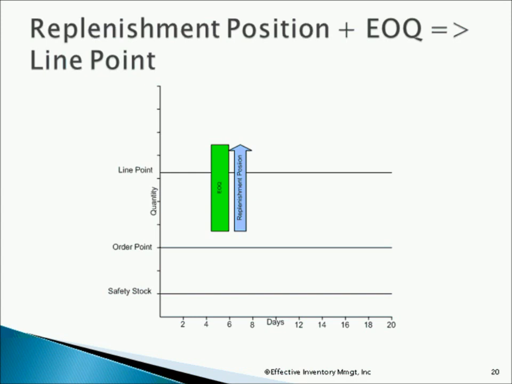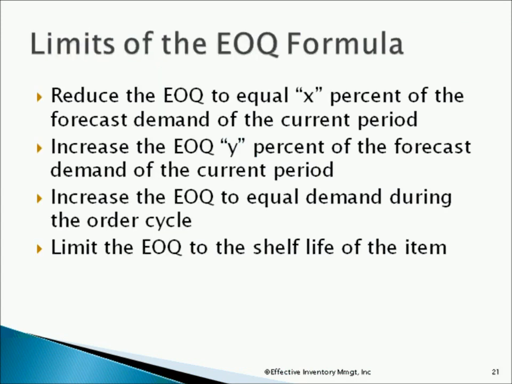Now, sometimes that's not going to be a realistic business decision. What would happen if you had a very slow-moving, low-cost item? Maybe an item that costs 6 cents and you only sold 3 or 4 per month. That's 12 cents, 20 cents moving through inventory. Very little money.